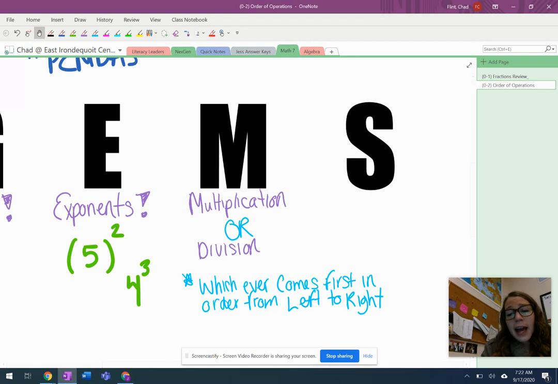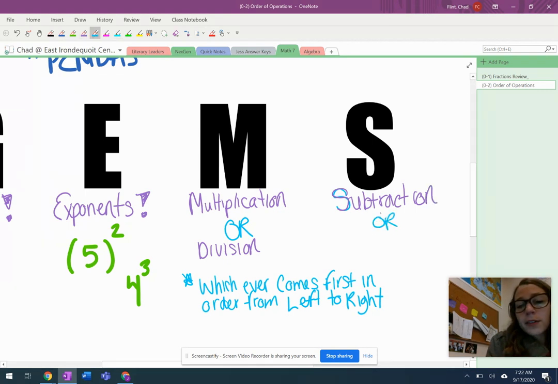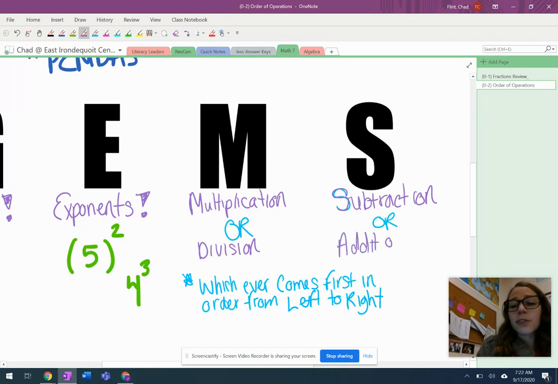And just like the S here is standing for subtraction. Let's go back to purple. Or addition. And they emphasize that here by using the S for GEMS instead of the A for addition. Subtraction or addition.